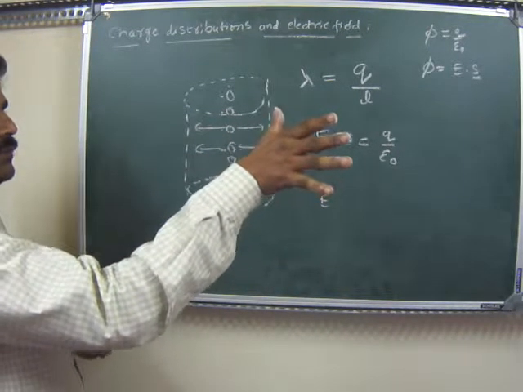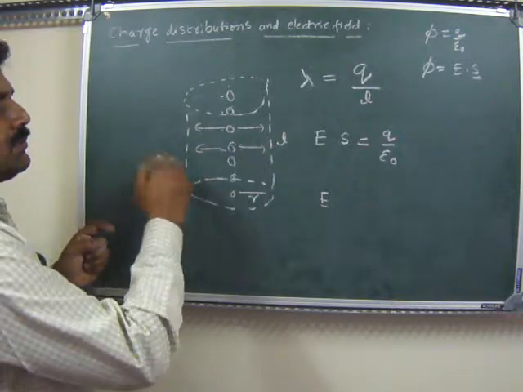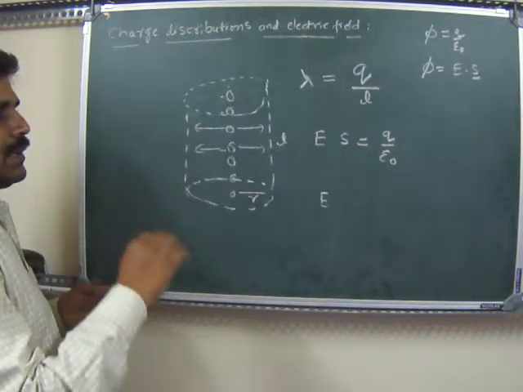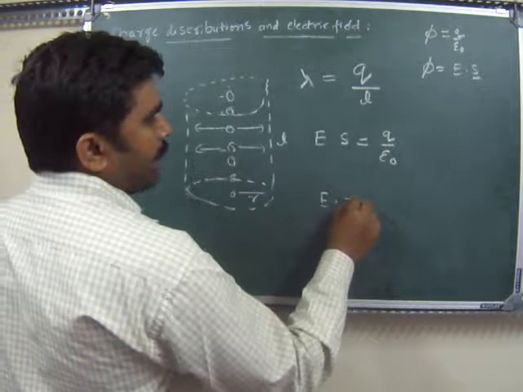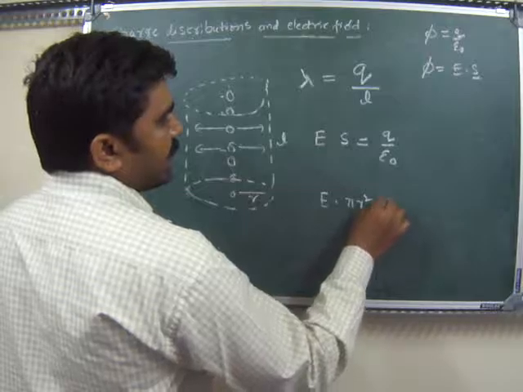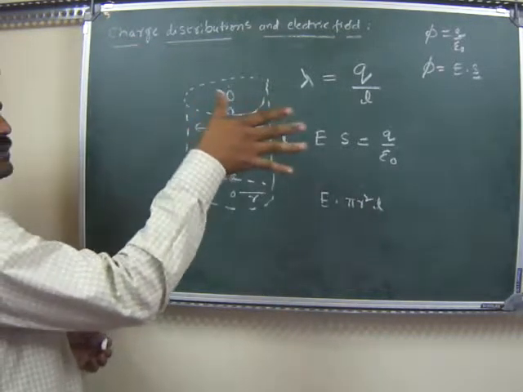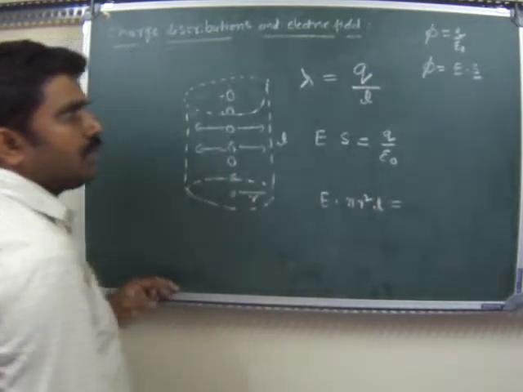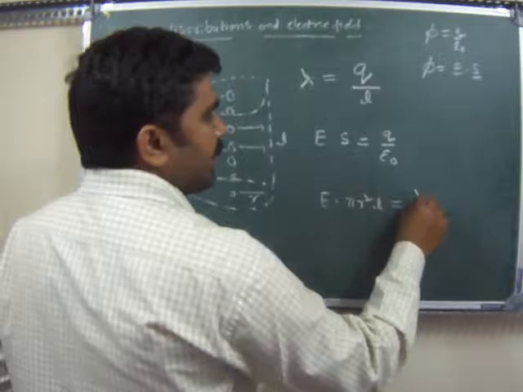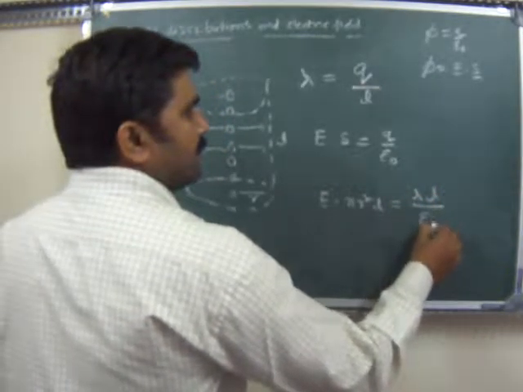So that means the surface you have to consider is the circular surface. This circular surface area is pi r square L. Pi r square L surface area, which is equal to Q. Q can be taken as sigma, lambda L by epsilon naught.